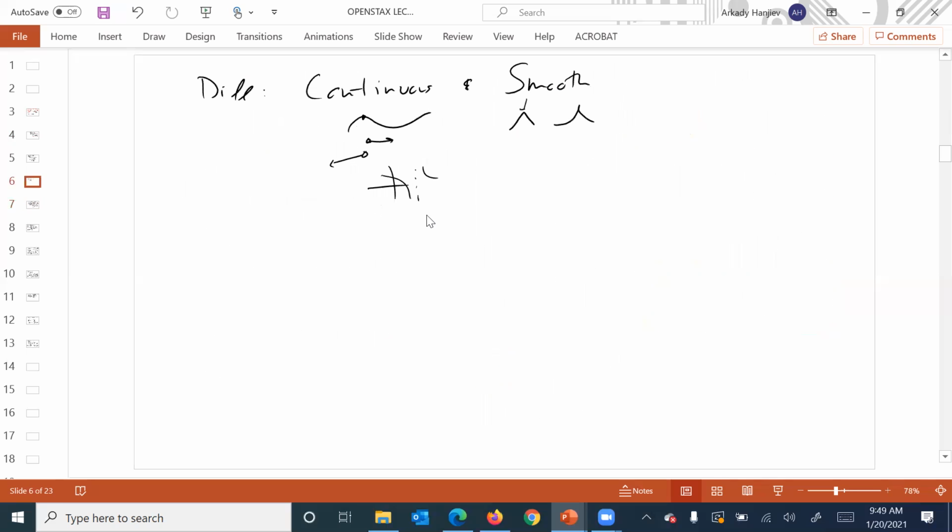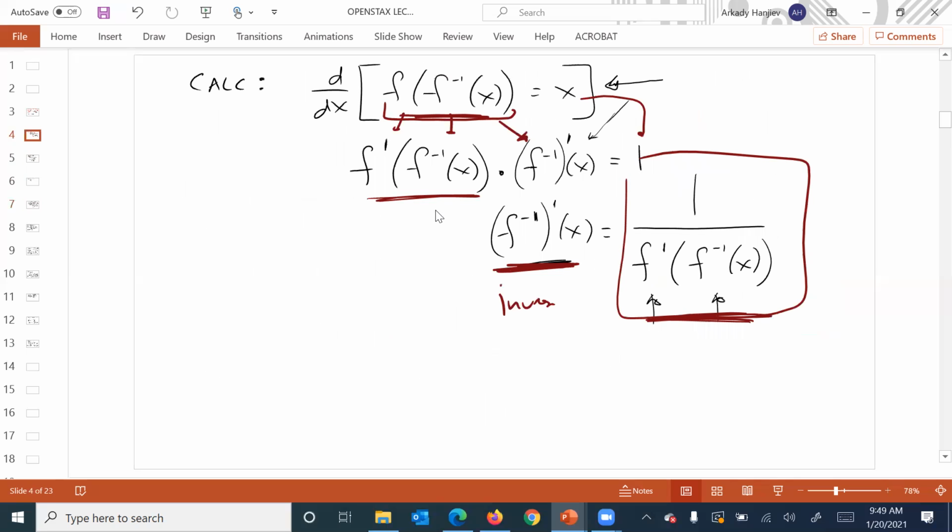So this little rule is king right over here. That's what we want to do. We want to stick to it. So in order to take the derivative of an inverse function, we actually take the derivative of the outside function first, stick the inverse function itself in it, and then just take the reciprocal. Three-step process. Boom, boom, boom.